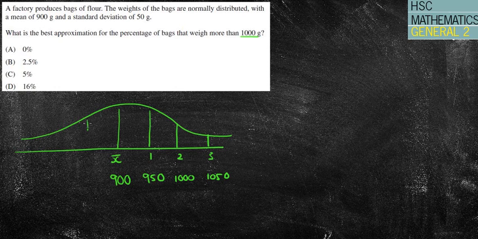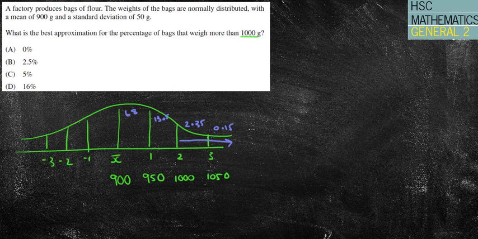Now I could go and do the -1, the -2, the -3, but to be honest, I don't really need those, because what this question is asking me is what percentage is above 1,000. Now we know that this is going to be 68 here, this is going to be 13.5 here, that's 2.35 and 0.15.